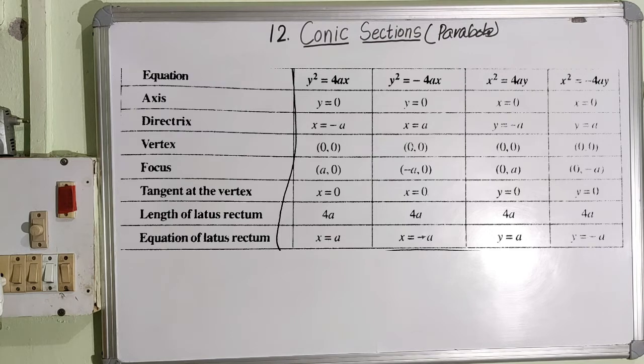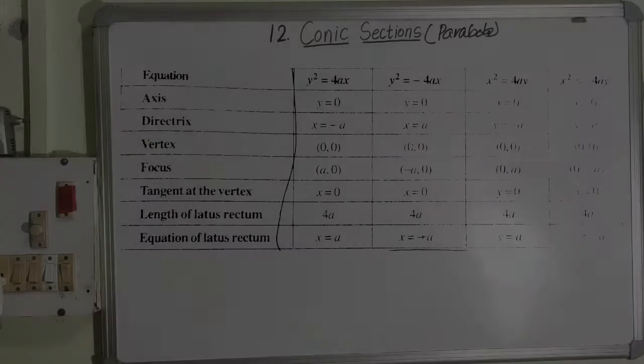But if the vertex is not at the origin, the values for axis, directrix, and all will change, right? Then in that case, we will use a different form of the equation of the parabola, and we call it the vertex form of the parabola. So when that question comes, I will explain it to you, show you the equation, and also we will solve the questions.